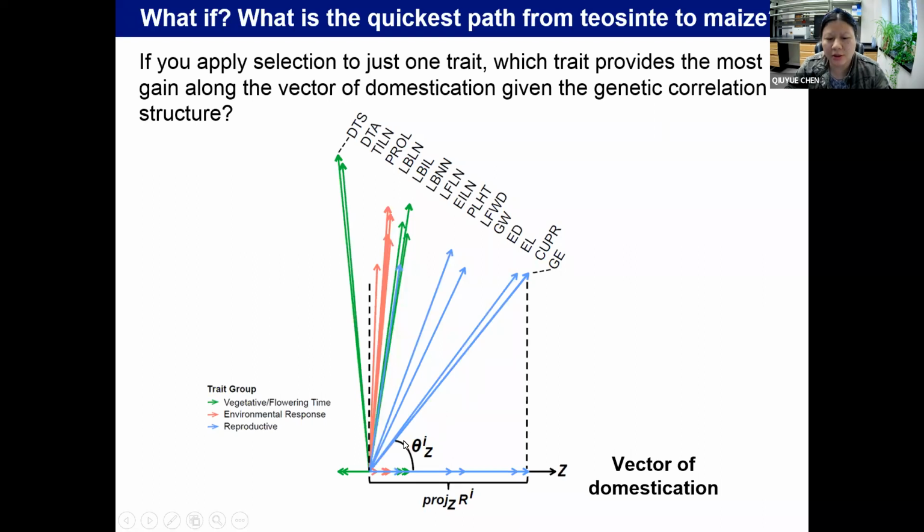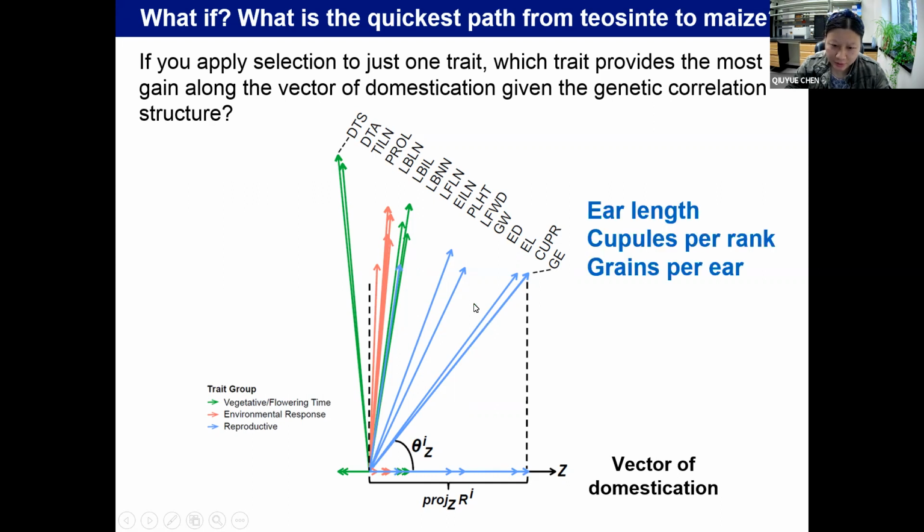And we calculate the angle between these two vectors, and we also project this vector onto the vector of domestication.